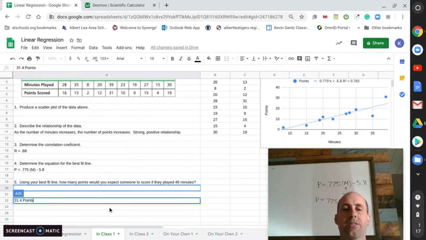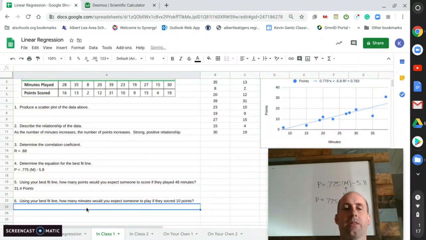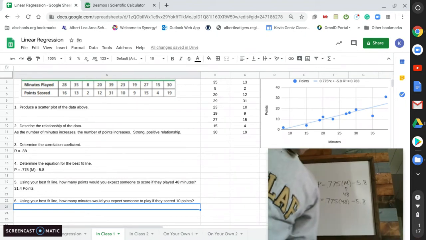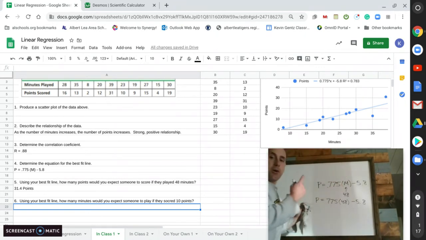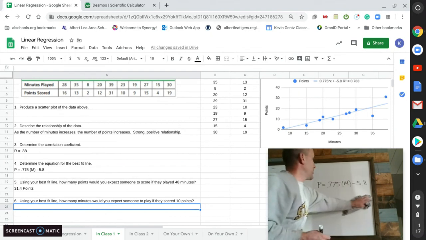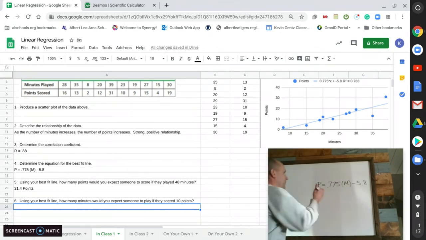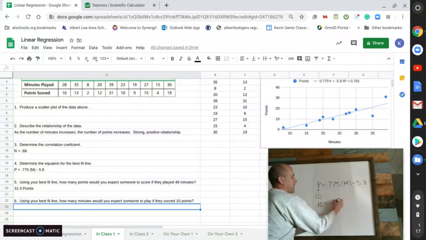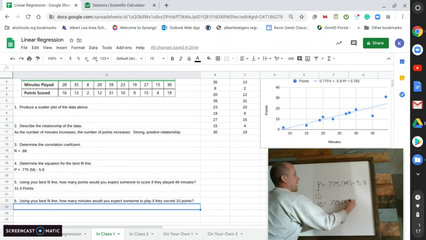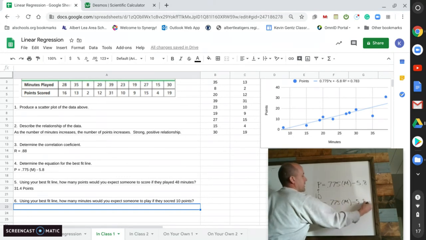And finally, the last question says, using your best fit line, how many minutes would you expect someone to play if they scored 10 points? So I'm going to go back up here, and I'm going to change it so that the points is 10. I'm going to put 10 in here. When I do, I get 10 is equal to 0.775 times M minus 5.8.